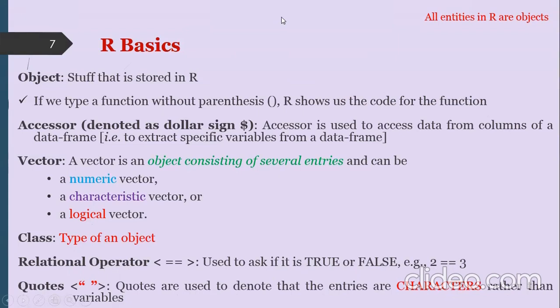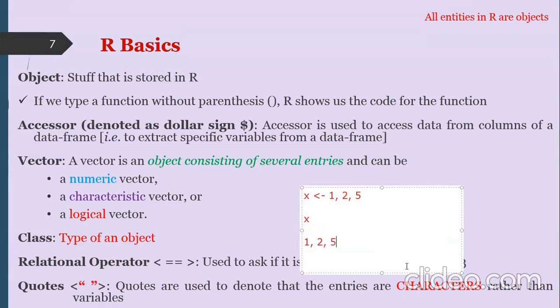So, for instance, if I write x, it will define x as 1 2 5. So before that, I have defined x is equal to 1 2 and 5. After that, I ask the program what is x, and it answers me 1 2 and 5.